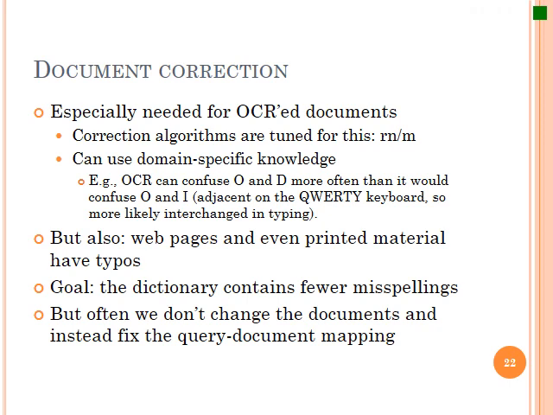So this kind of correction is often tuned for errors like this. This is a strange error. If you are familiar with OCR, you may see this kind of error. I don't know what this is. Maybe it was room, or something like that, or ruing.